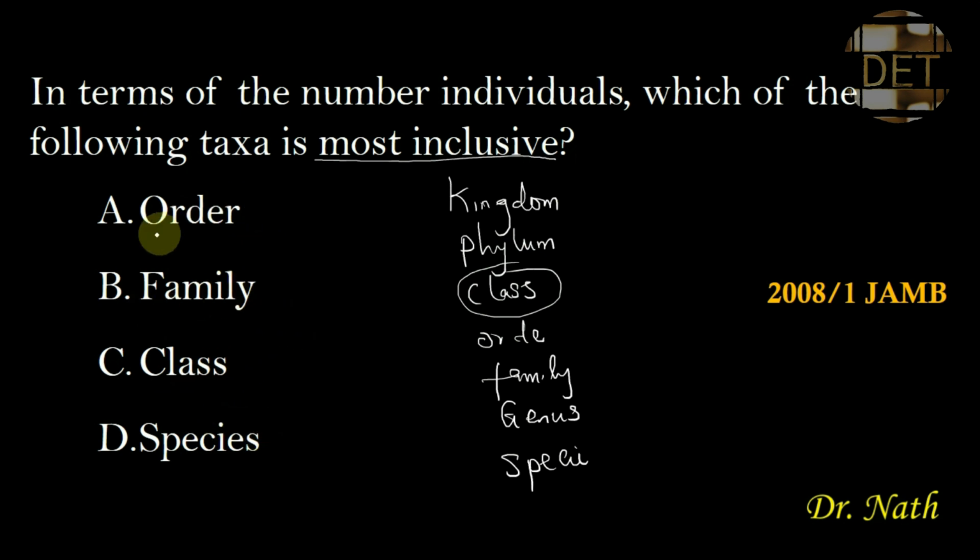So where we have more number of organisms from these options is in the class. So the taxa that is most inclusive here is the class. This is the correct answer to this JAM question.